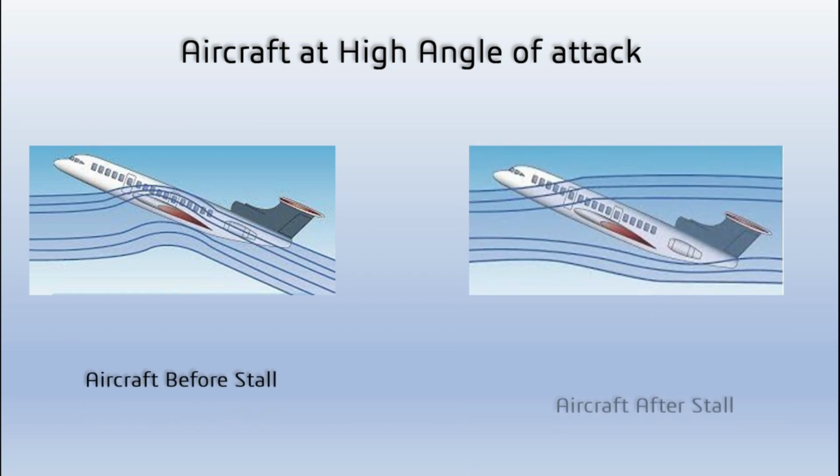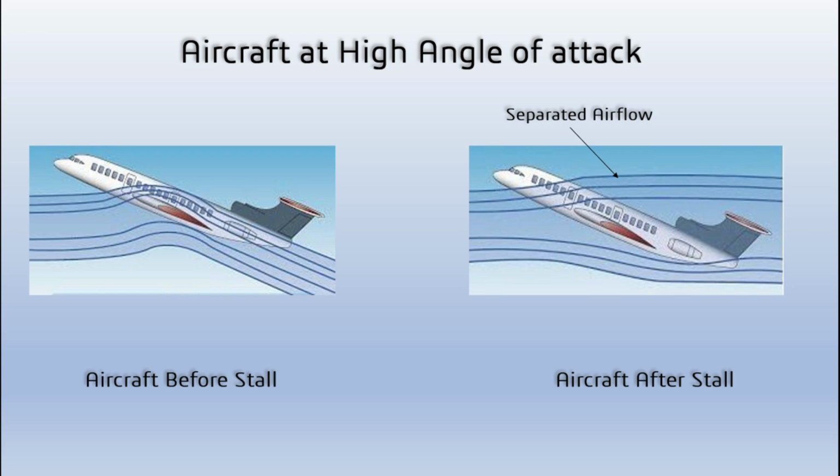As we know, if an aircraft flies beyond the permitted angle of attack, stall will occur. If we can delay the airflow separation from the wing surface, this will allow us to operate the aircraft beyond the permitted angle of attack, and the lift we get from the wing will also increase. An aircraft which has a higher stalling angle of attack will require lower speed for takeoff and landing.